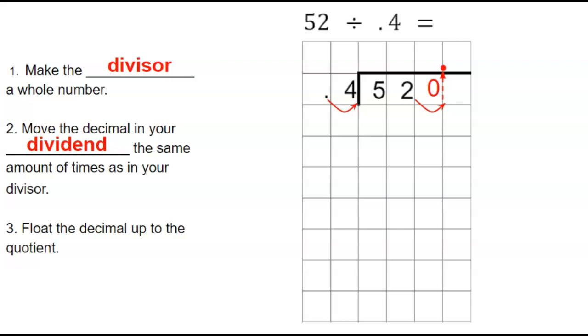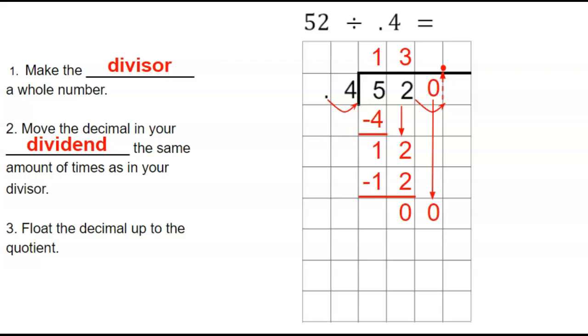Now we divide. 4 goes into 5 one time. 1 times 4 is 4. Subtract that, you get 1. Drop your 2. 4 goes into 12 3 times. 3 times 4 is 12. Subtract that, we get 0. But we are not finished because we still have a place value before the decimal.